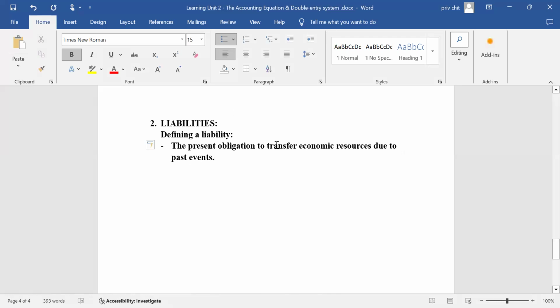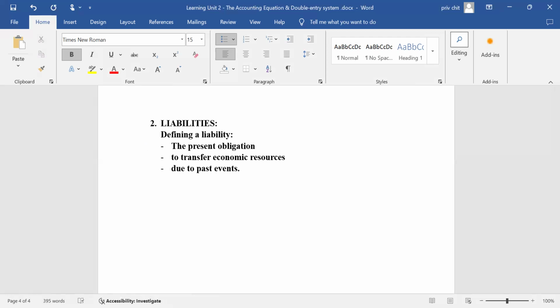I want you to look at these elements. Number one is the present obligation. To do what? To transfer economic resources. Why? As a result of some past event that would have transpired.